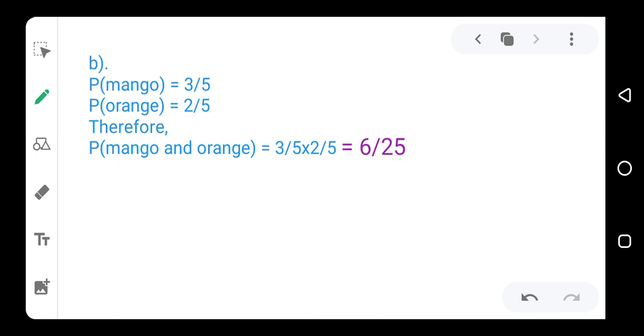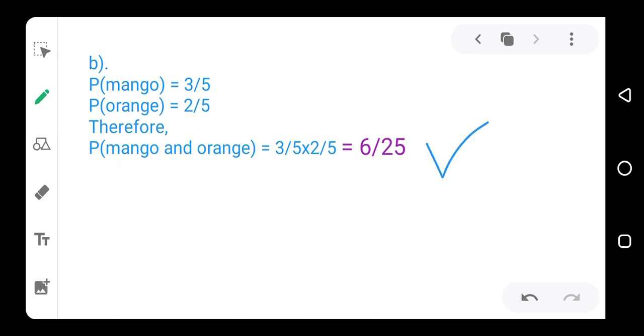So we now have 2 orange divided by the total fruits, which still remains 5. So we have 2 over 5, and that is why our probability now is 3 over 5 times 2 over 5, which gives us 6 over 25 as the answer.